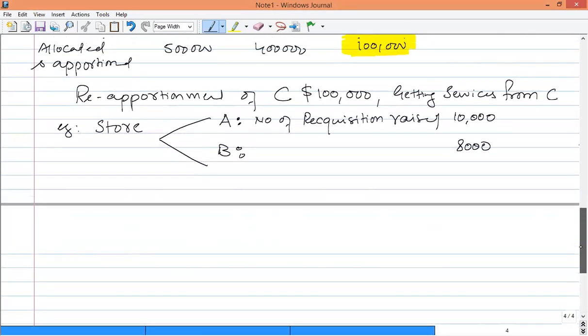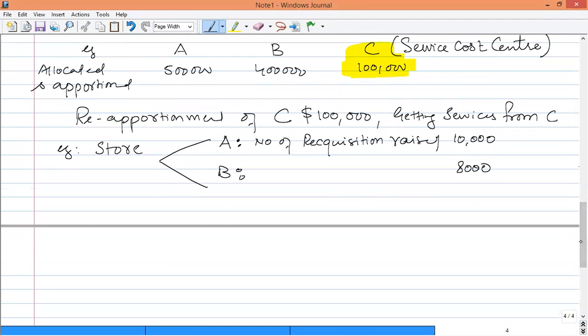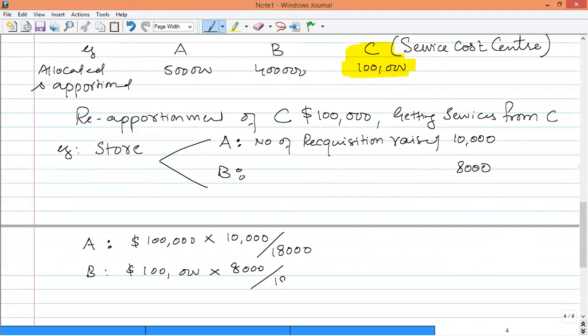So how will we transfer the service cost center cost? Let me identify. Total overhead cost is 100,000 multiplied by the service used by A out of the total services. And similarly, we will charge or reapportion on the basis of services used by both production cost centers.